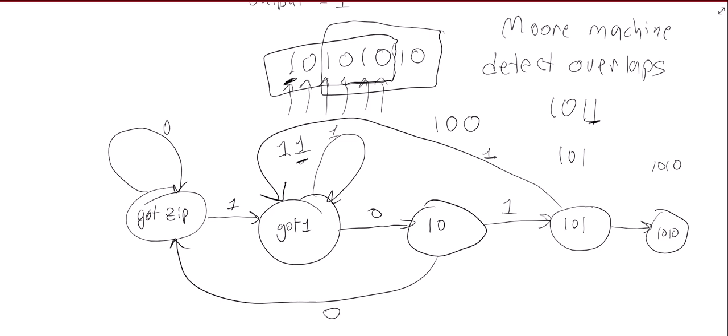From 1, 0, 1, 0, if we get a 1, we are at the next state in our sequence. But if we get a 0, so if we had 1, 0, 1, 0, 0, we got nothing. We're all the way back here.